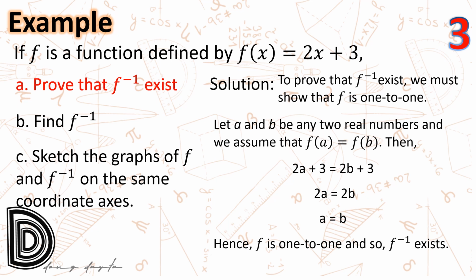So on the graph representing this line f of x equals 2x plus 3, if we use the horizontal line test, we will see that the horizontal line will intersect this graph at a single point. So f of x equals 2x plus 3 is a 1-to-1 function. Now that we know inverse of f exists, we can proceed to letter B.